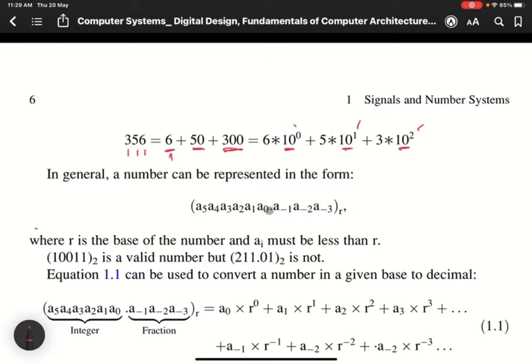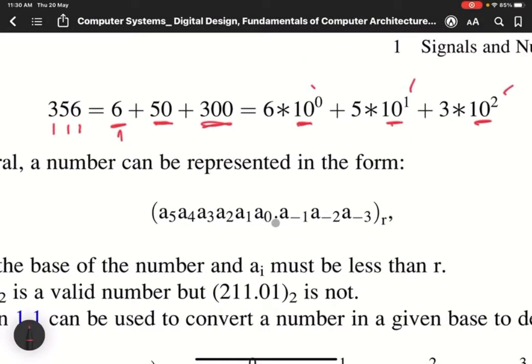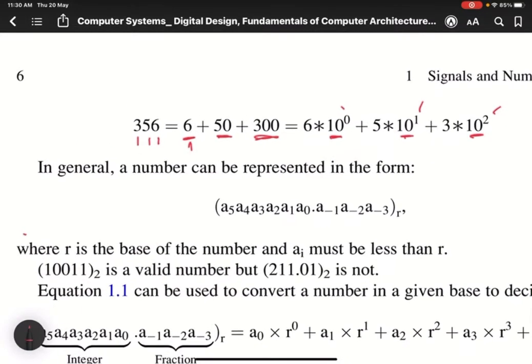The dot, after the dot will be the numbers representing the decimals. Notice that its index number is negative because it is less than 0. So the positions are negative 1, negative 2, negative 3. The R is the base.